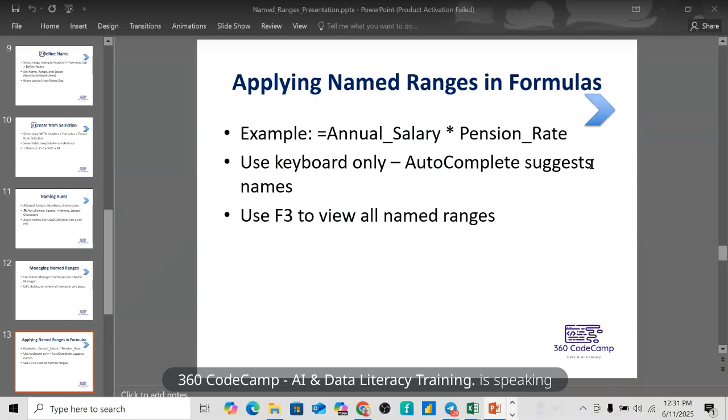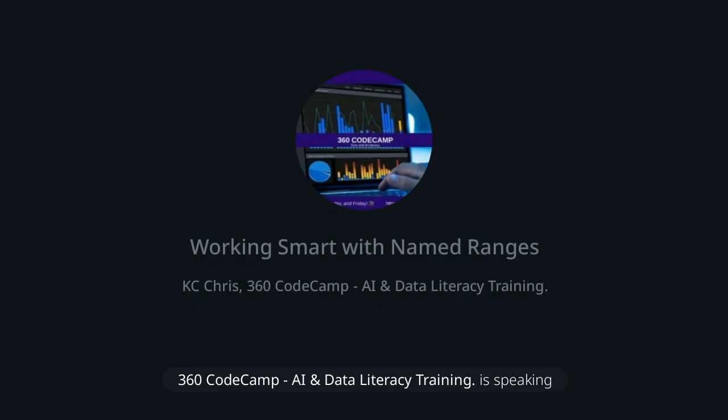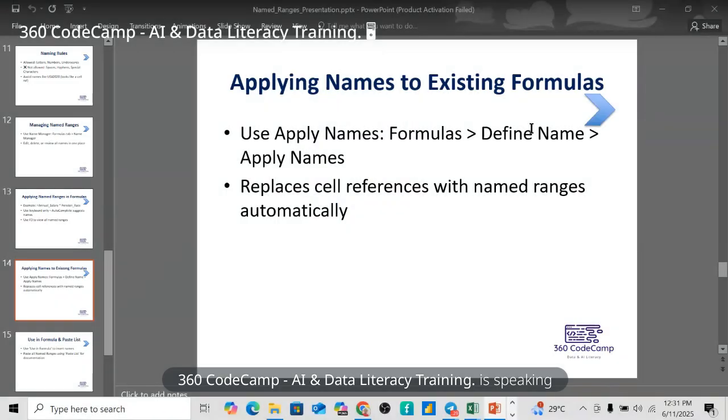Then you can go straight to the one you want to use and click on it. For instance, when you press F3, you see all the name ranges, and you click on annual salary, times, F3, and select pension, or you start typing and you see the autocomplete suggestion and select the one that you want. That's what this point is talking about. Then, applying names to existing formulas.